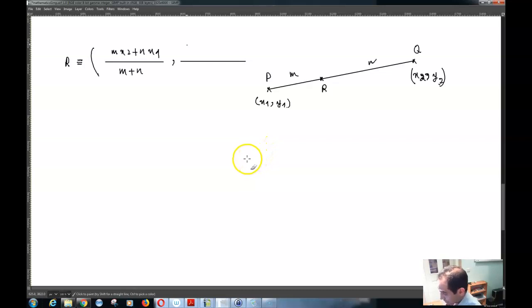What that means is that the point C is outside of the line segment AB, but on the segment AB produced. You need to be careful about these notations.